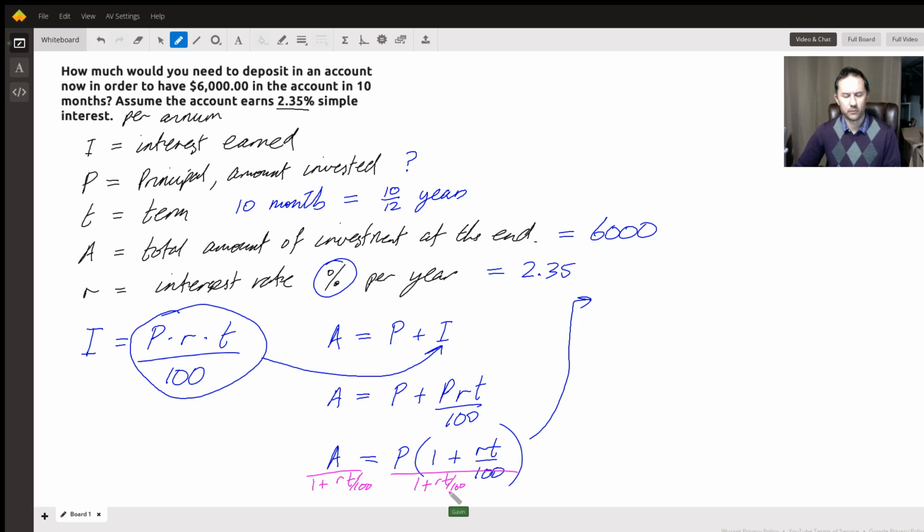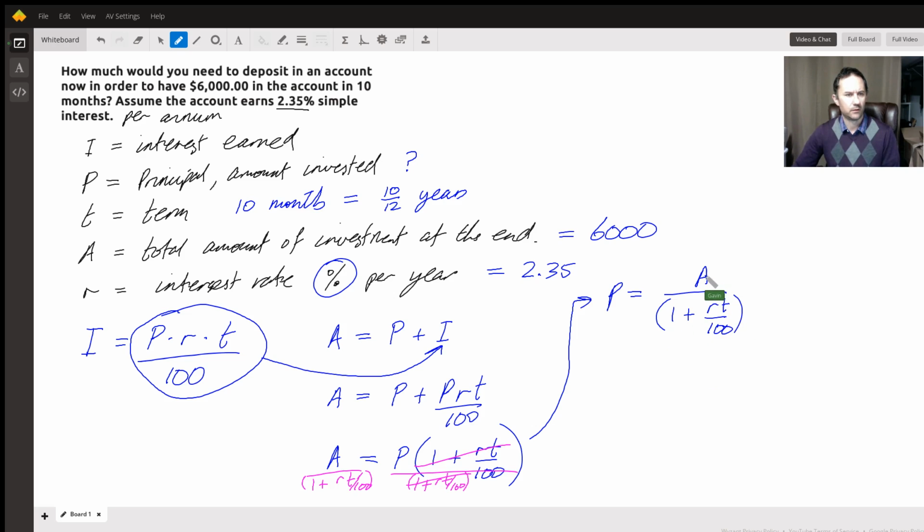Whatever you do to one side, do to the other. The idea is that I'd be cancelling it from here, so we get P on its own. We would get P equals capital A divided by parentheses 1 plus RT divided by 100.